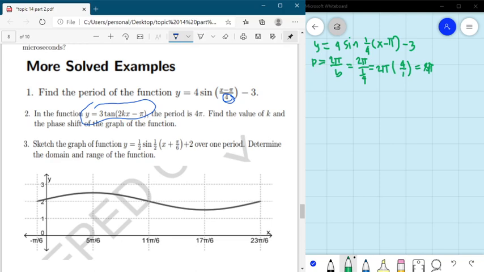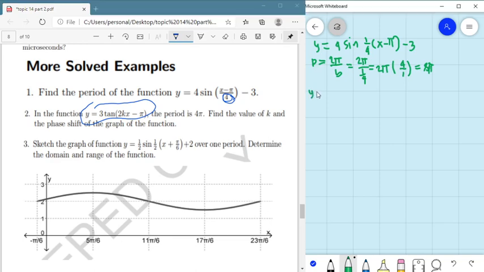In this case, from the given, y equals 3 tangent, we have to take out first the 2k, because the 2k is what we will use as b. So we put the 2k outside the parentheses, and each term inside the parentheses will be divided by 2k.